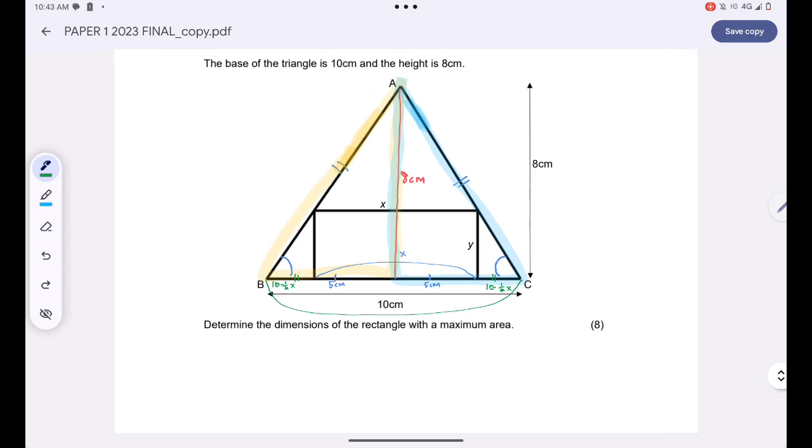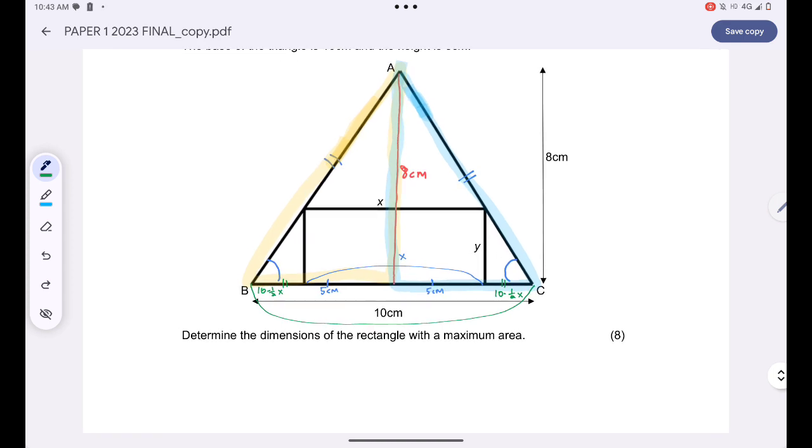Okay, now let's deal with finding the dimensions of the maximum area. Let me focus on triangle 1, which is the big triangle, and that smaller triangle over there is triangle 2. In triangle 1, I can say that tan of angle C is equal to opposite, which is 8 centimeters, divided by the adjacent side, which is 5 centimeters.